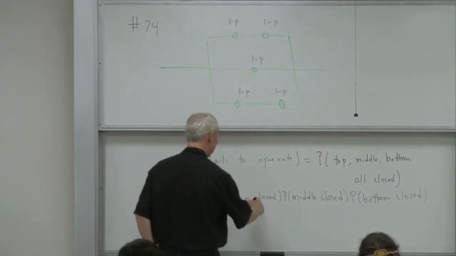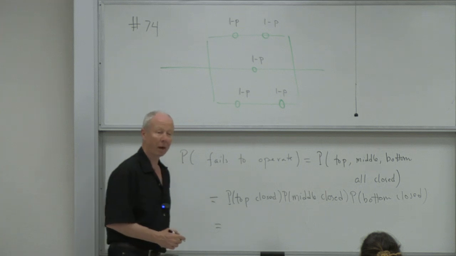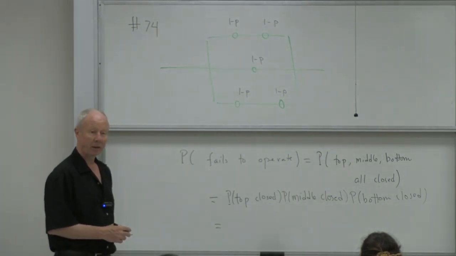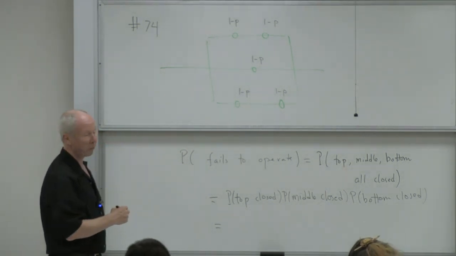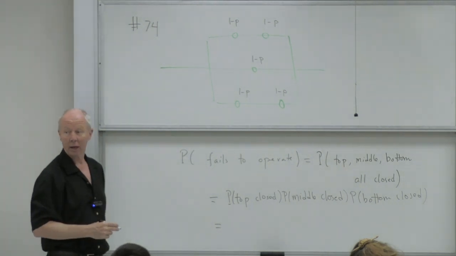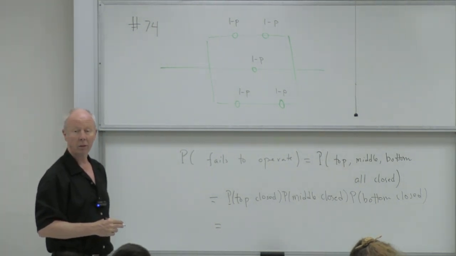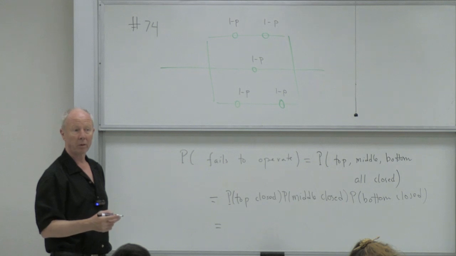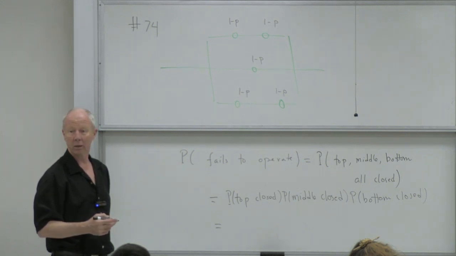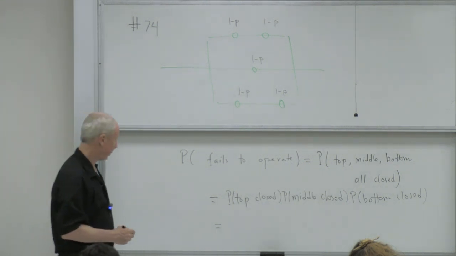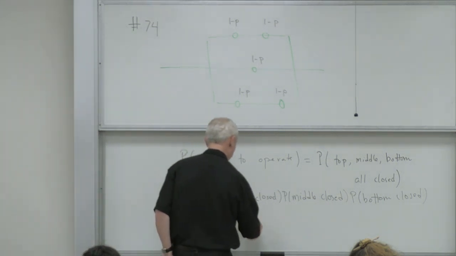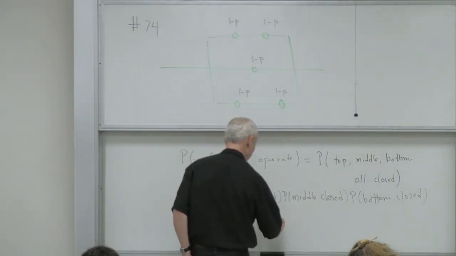Which is easier to compute? The probability the top is closed or the probability the top is open? Yeah, how could the top be open? Both things have to be open, right? Yes. And what's the probability the top is open? So it would be 1 minus the probability the top is closed, right? So this would be 1 minus p squared.